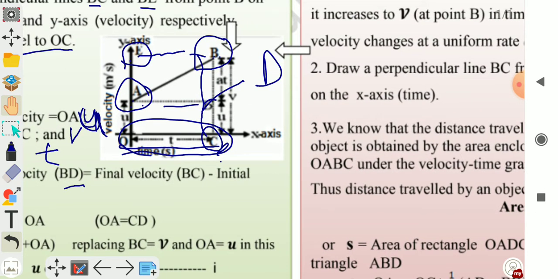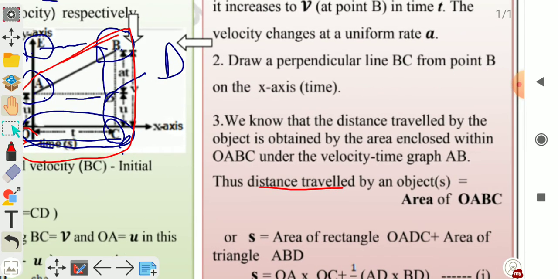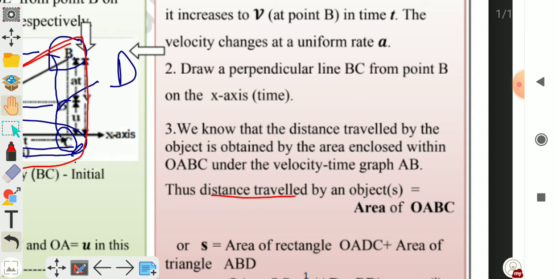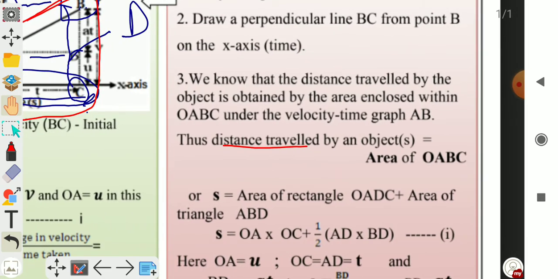So you have to find out the area of this O, A, B and C. You have to find out the area of this portion. Now we know that the distance traveled by an object is the area of OABC.